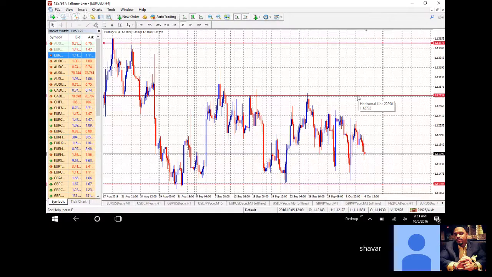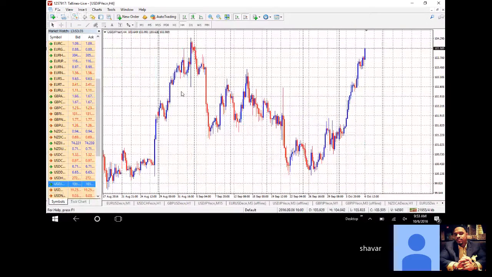USD JPY. All right, USD JPY is coming to a resistance area up here, actually about 22 pips away. Let's see what happens when price goes up there.